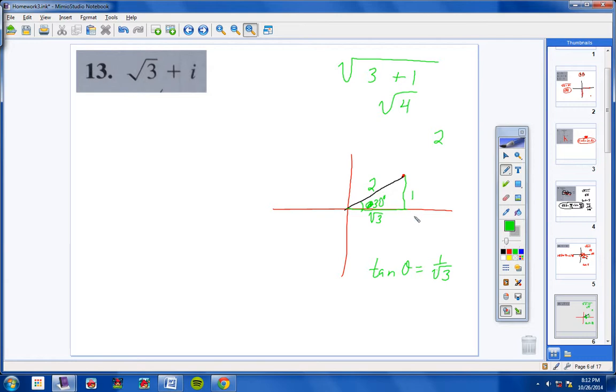Now when we go to find the direction angle, we'll start here on the x-axis, we'll go to the hypotenuse, it's still going to be 30, so our answer would be 2 parentheses cosine of 30, which is pi over 6, plus I sine pi over 6. Okay, moving on to number 15.